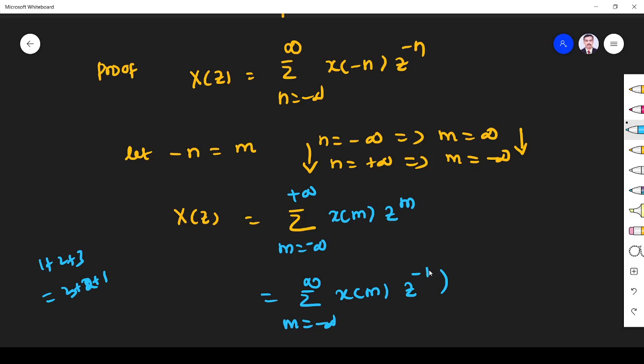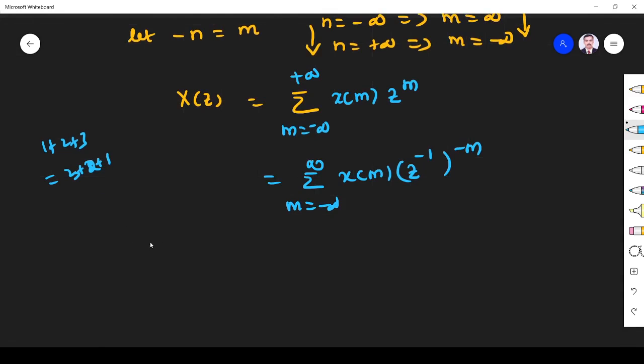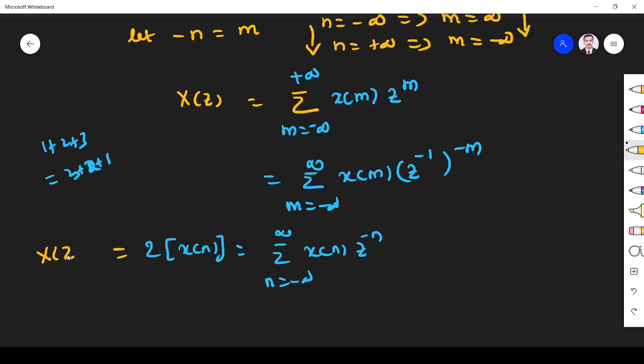Raised to minus m. So you see it is equivalent to, right? What is the transform of x of n? The Z transform of x of n is the summation n goes to minus infinity to plus infinity of x of n z power minus n. So if the Z transform of that is equal to X of z, right?